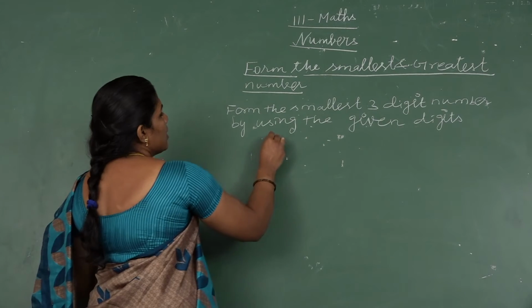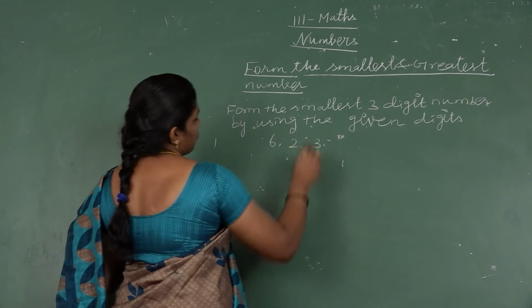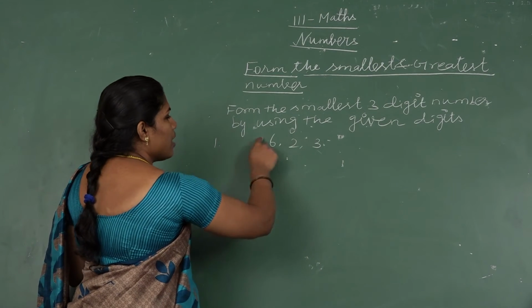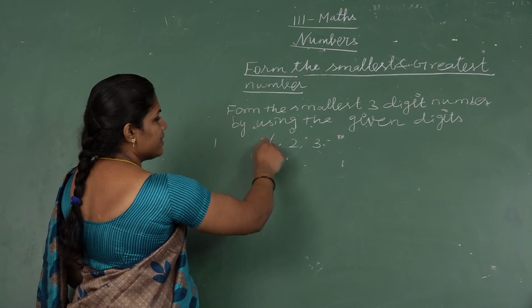For example, 6, 2, 3. Among these numbers, which is the smallest? 2, 3, 6.